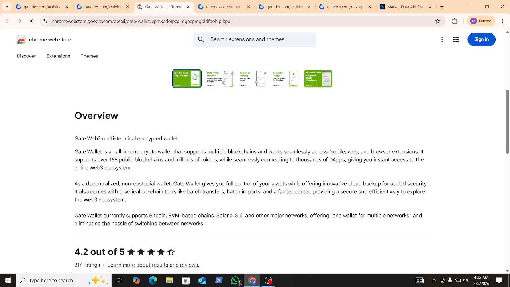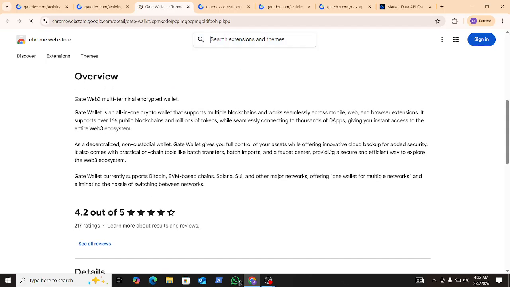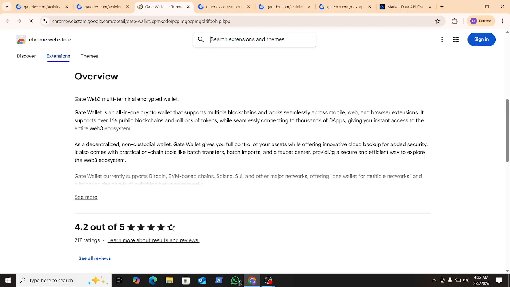Gate Wallet Web3 overview. Gate Web3 multi-terminal encrypted wallet. Gate Wallet is an all-in-one crypto wallet that supports multiple blockchains and works seamlessly across mobile, web, and browser extension.